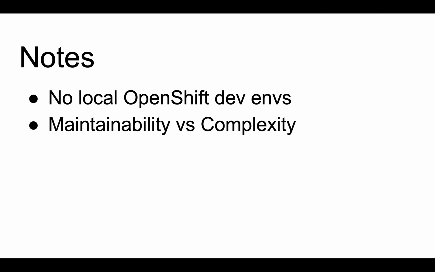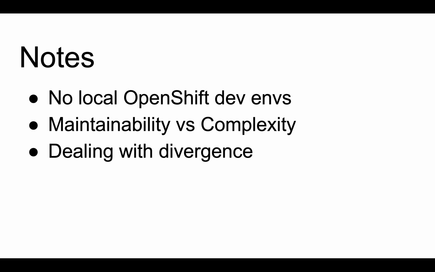So we incurred a fair amount of complexity to make it maintainable, which was a trade-off we were eventually comfortable with, because otherwise it just wouldn't have been particularly maintainable, that number of environments.